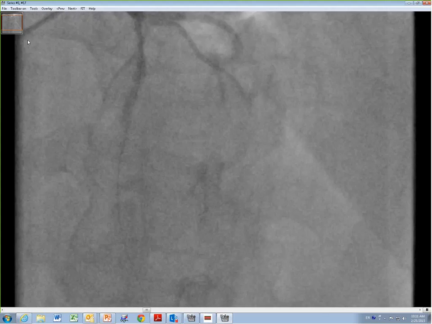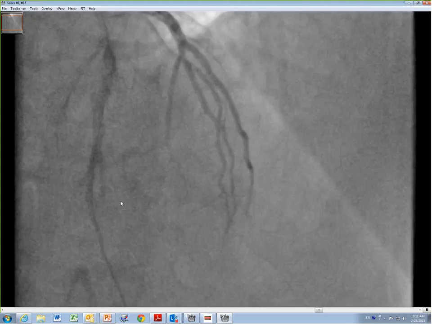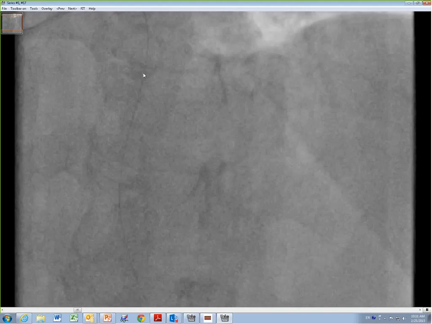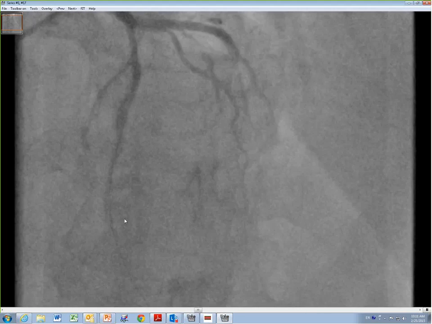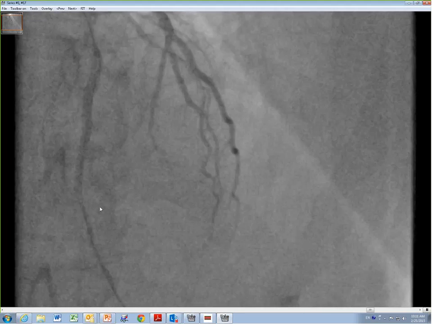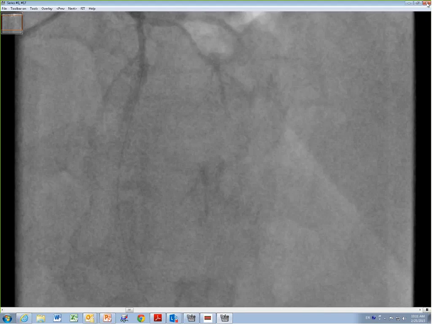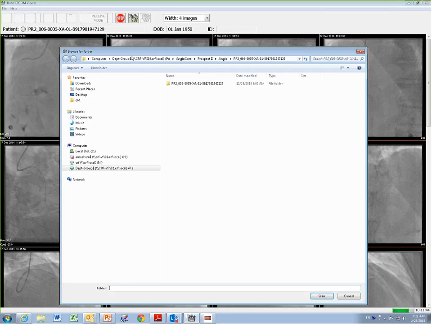This is a picture after the stenting of the stented segment. Keep in mind how the proximal edge looks, and especially the distal edge here. Now I'm opening the IVUS corresponding to this picture.